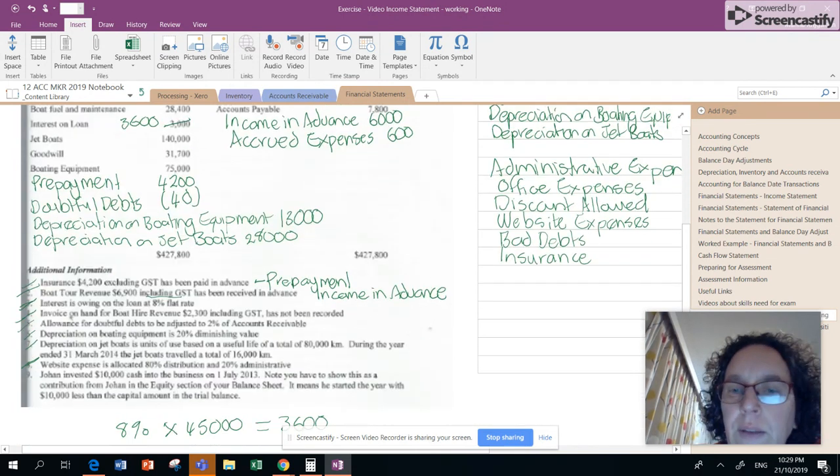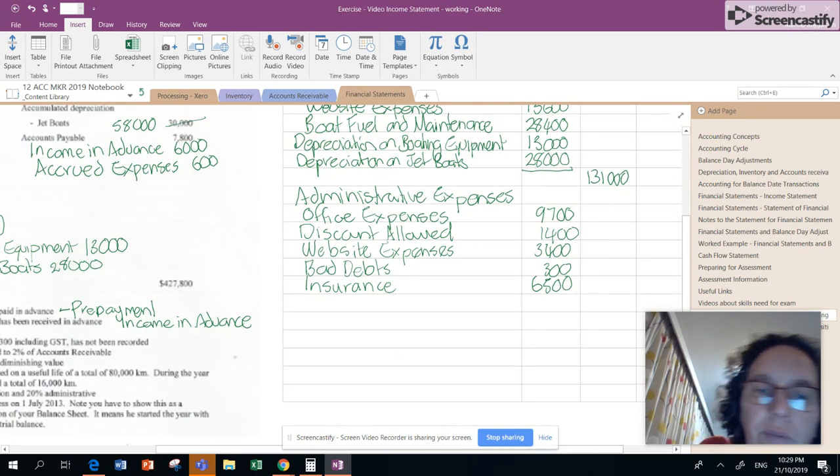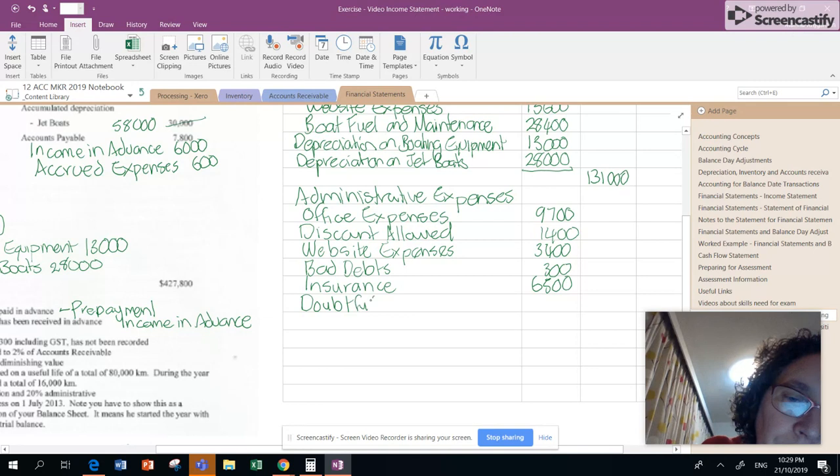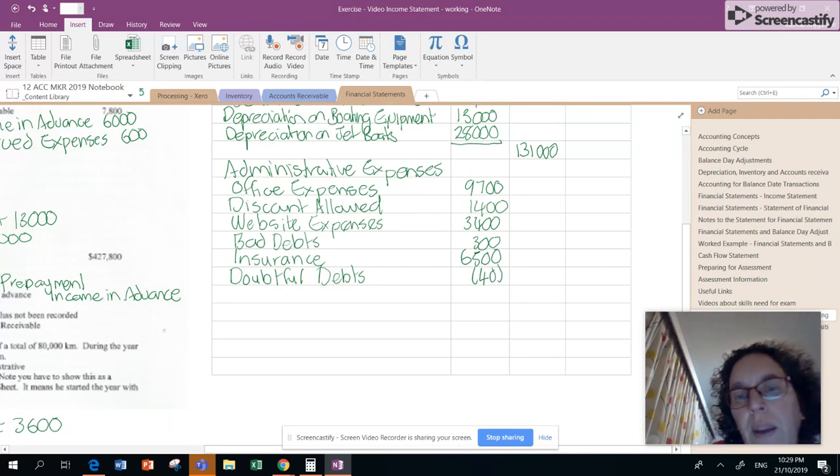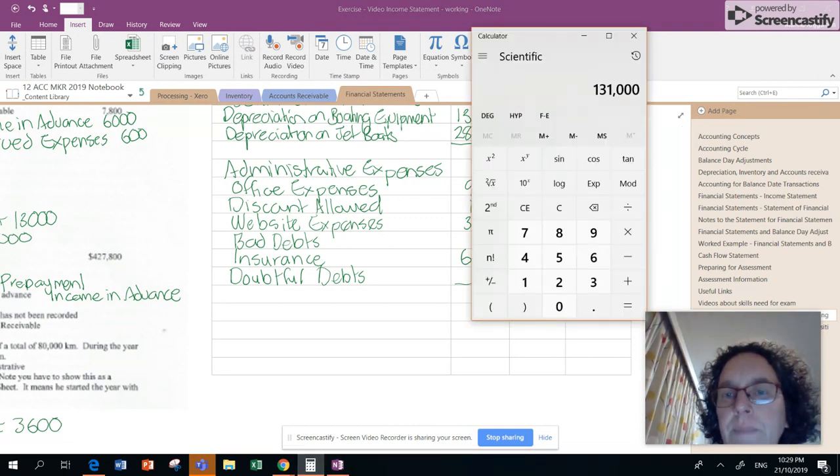And doubtful debts. Now remember, with our doubtful debts, we had to reduce our allowance. So this is a negative expense. So we're going to put it in brackets so that we remember that it's being taken off. Okay, so they're all our administrative expenses. We're going to add those up.